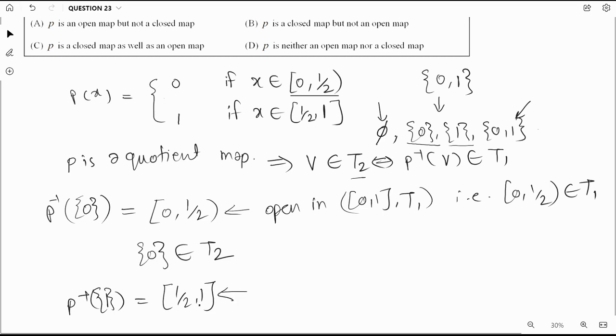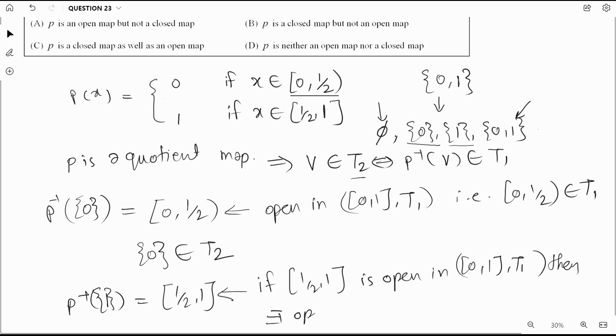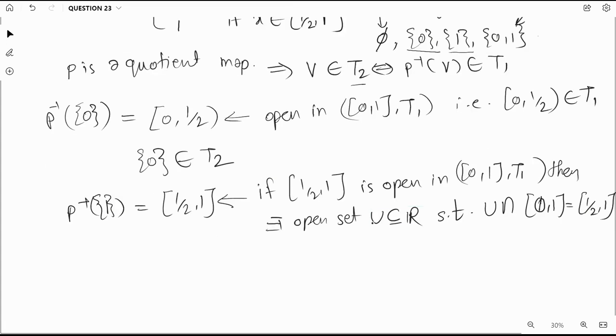But this is not open in the domain, because if [1/2, 1] is open in [0, 1] with T1, then there exists an open set U, a subset of R, such that U intersection [0, 1] equals [1/2, 1].